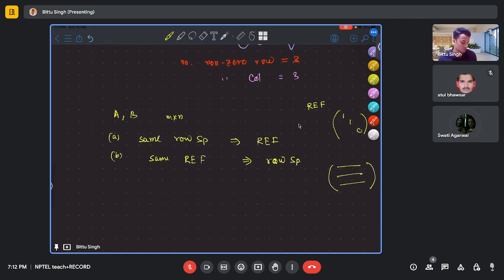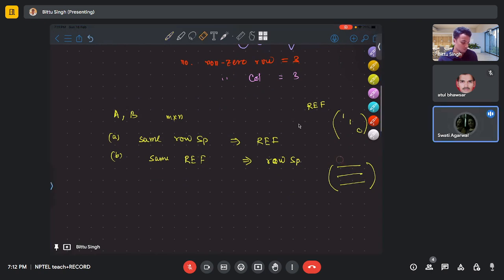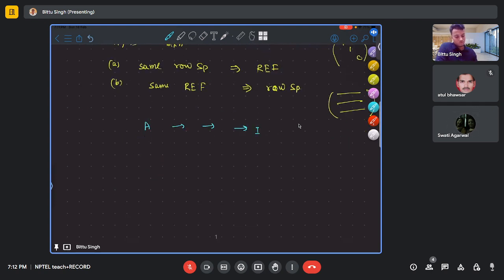Row space means the linear combination of those rows. That may also not necessarily be the same, because the identity matrix can come anyway in RREF. So we don't know what kind of linear combinations are available in A and B. How can we contend that they have the same row space?